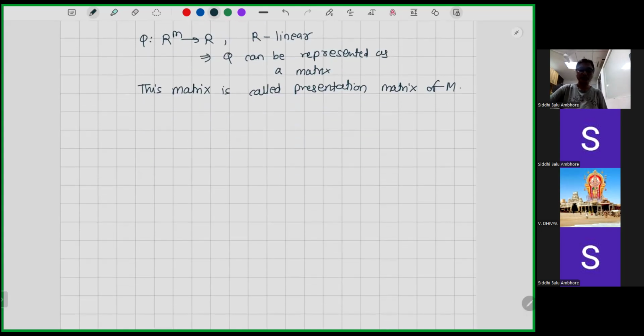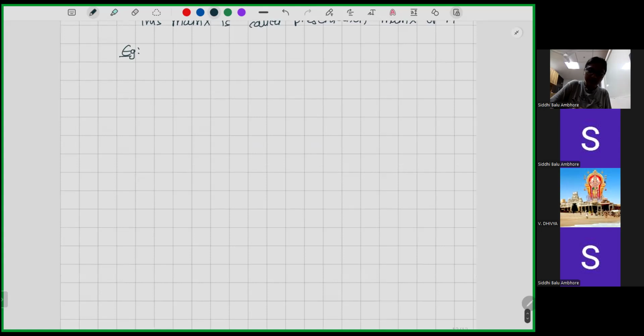Let us do one quick example. Let us take the ideal (2) in Z. This is also a given example in the non-graded assignment. The ideal generated by 2, I can look at as one copy of Z, where 1 is going to 2 and so on.